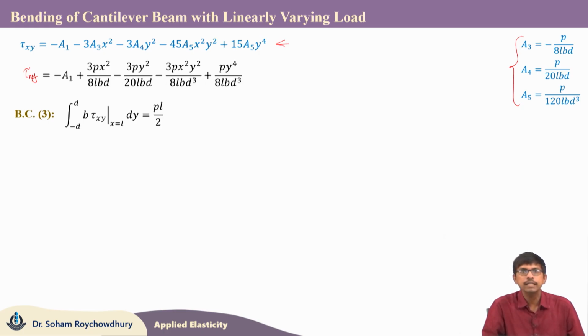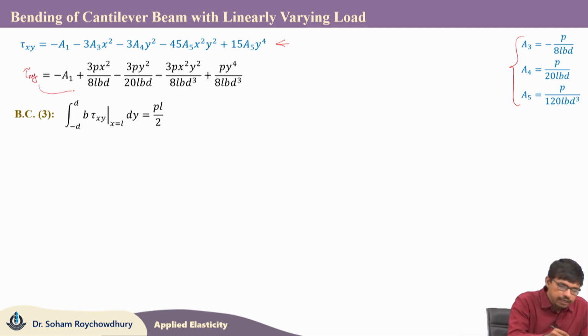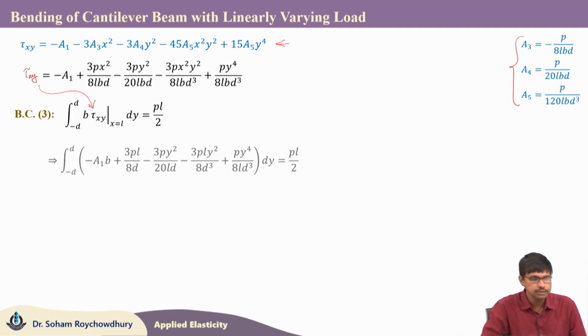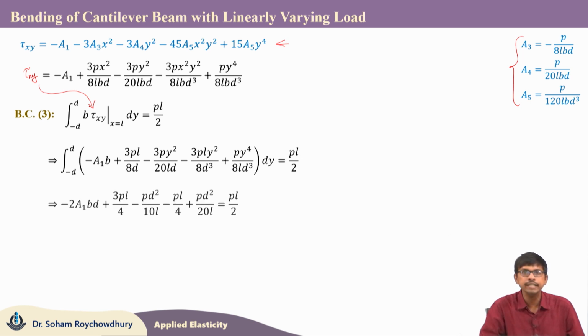B times the integral of tau xy at x equals L over minus d to plus d is equal to PL by 2, that is, at the cantilever end the total upward shear force is PL by 2. Putting this tau xy here with x equals L, if you integrate it and equate that to PL by 2, the left hand side has only one unknown constant, a1.